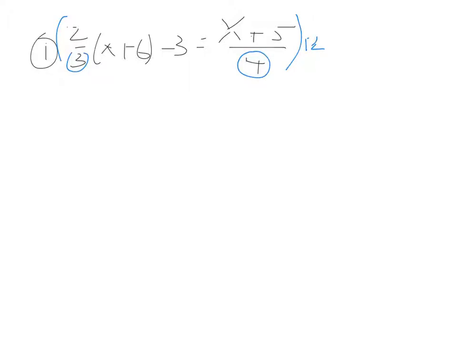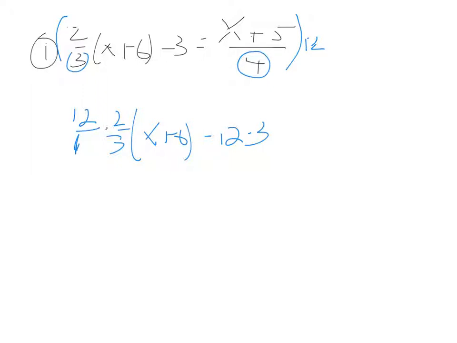I'm going to show this out kind of slowly because I've noticed a little bit of sloppiness in the algebra here, and I want to make sure that we understand what's happening. So we get 12 over 1 times 2/3 times (x plus 6), minus 12 times 3.